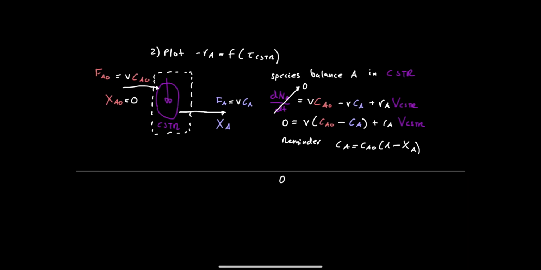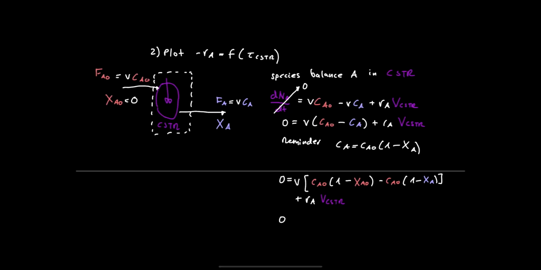So 0 is going to be equal to the volumetric flow rate, CA0, 1 minus the conversion A0, minus CA0, in parentheses 1 minus the conversion at the outlet, plus the reaction rate of species A times the volume CSTR.